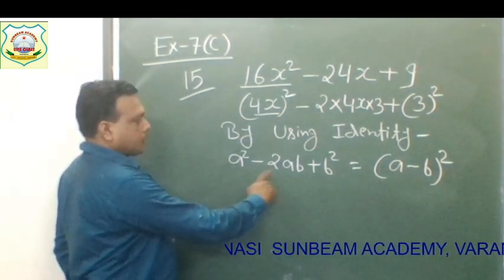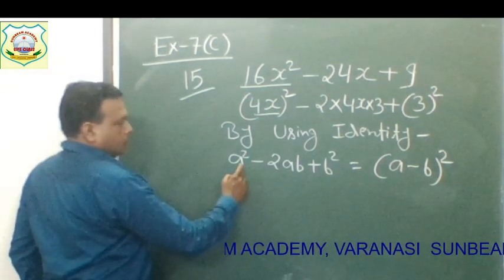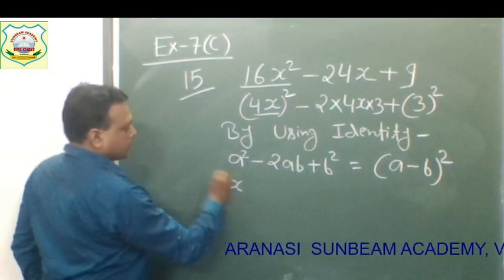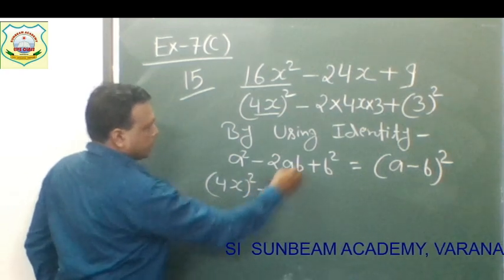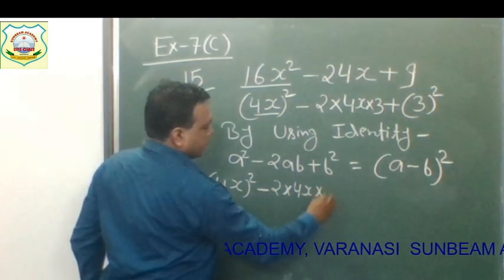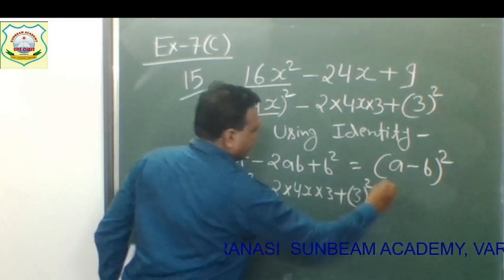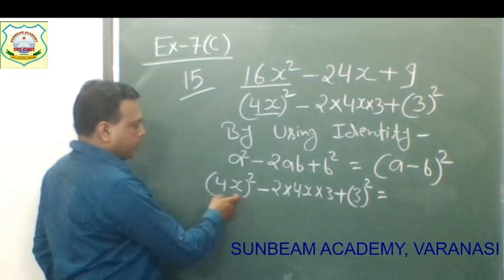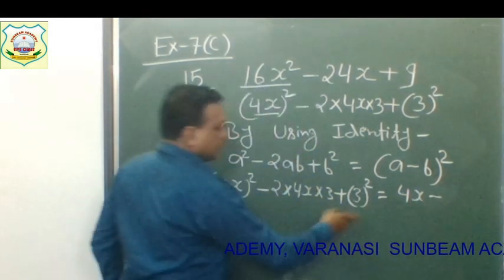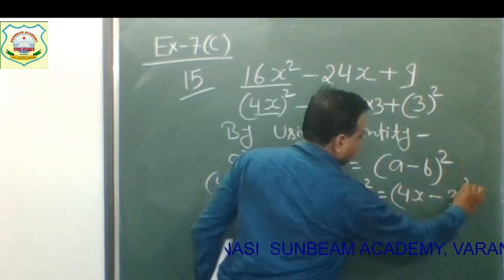A square minus 2ab plus b square equals a minus b whole square. Based on this, we write this format: 4x whole square minus 2 into 4x multiplied by 3 plus 3 whole square. So what will we get? A is 4x, minus, b is 3. 4x minus 3 whole square.